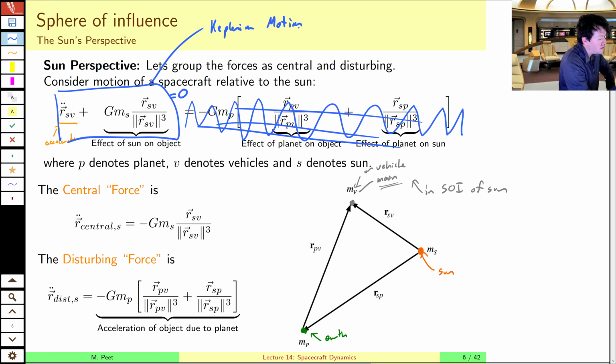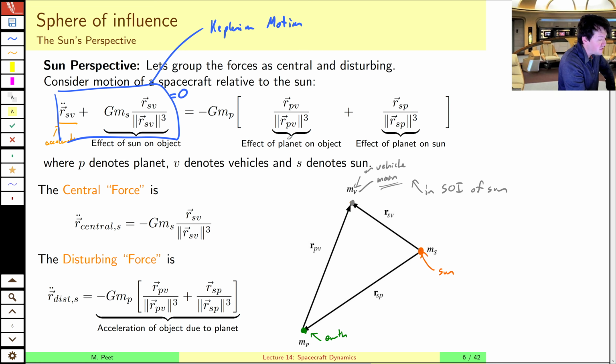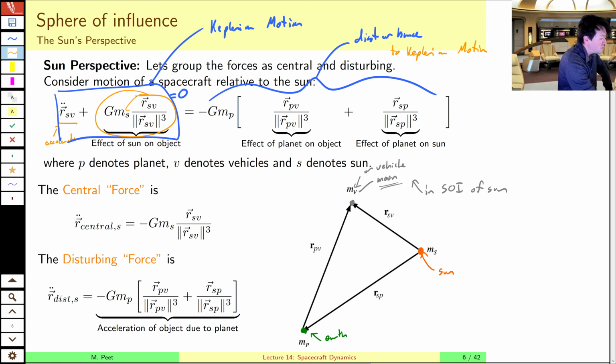So that's the conical approximation. Now we have to look at what's the disturbance to the Keplerian approximation. So this is the Keplerian term, and this is the non-Keplerian term.